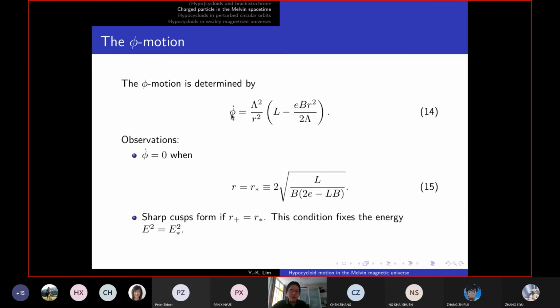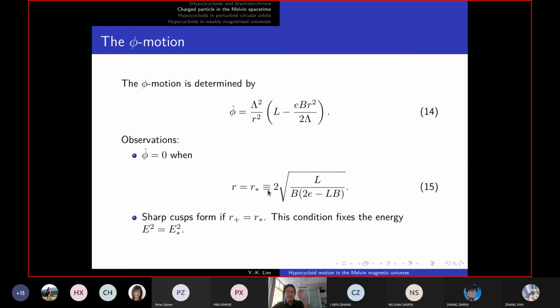The phi dot equation: phi dot is the angular velocity, the angular motion over time. According to this equation, phi dot is a difference of two positive terms. So as R changes, there's a chance that phi dot can go from positive to 0 to negative. The point where it becomes 0, I will define as a special radius R star, and I just need to solve this equation for R. This is the expression for R star.